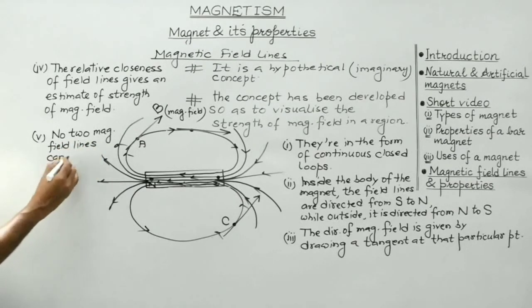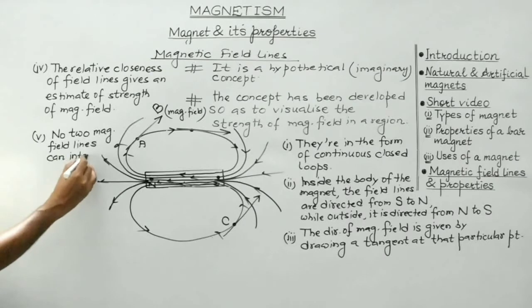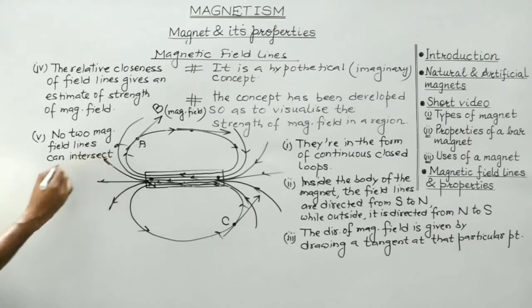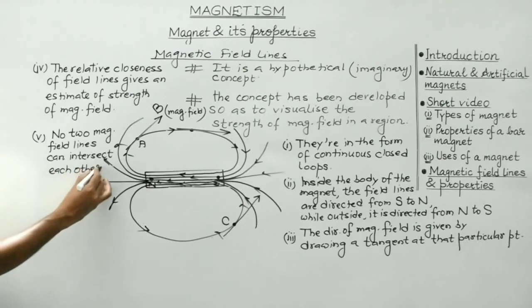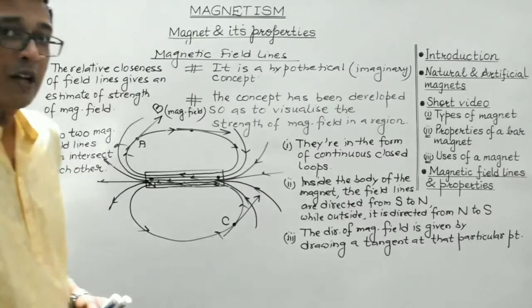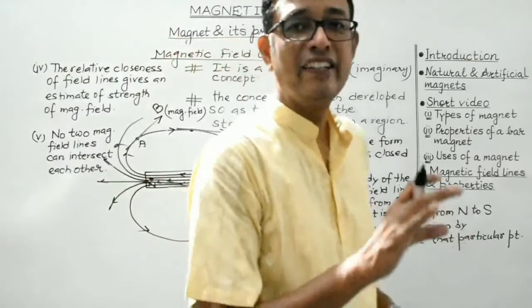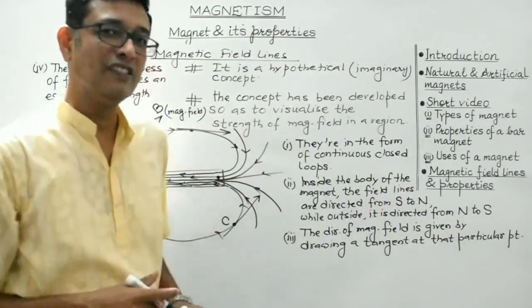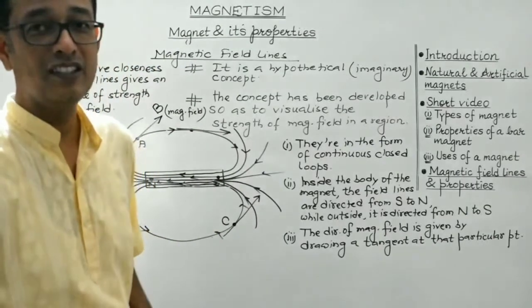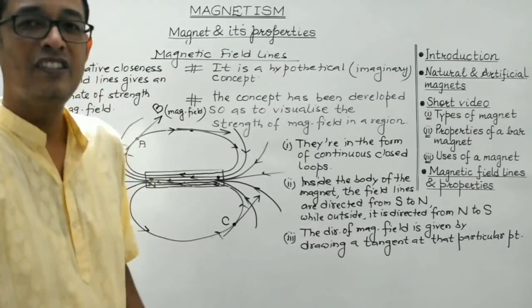can ever intersect with each other. What I mean to say is that magnetic field lines can never intersect each other. Can you think of the reason why the magnetic field lines cannot intersect each other?